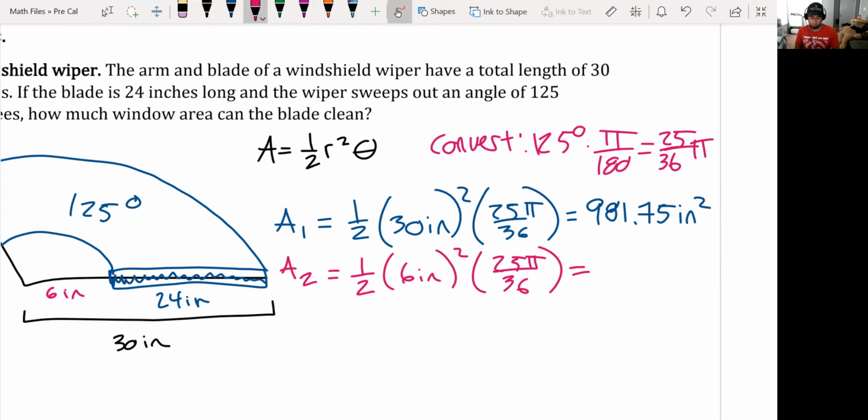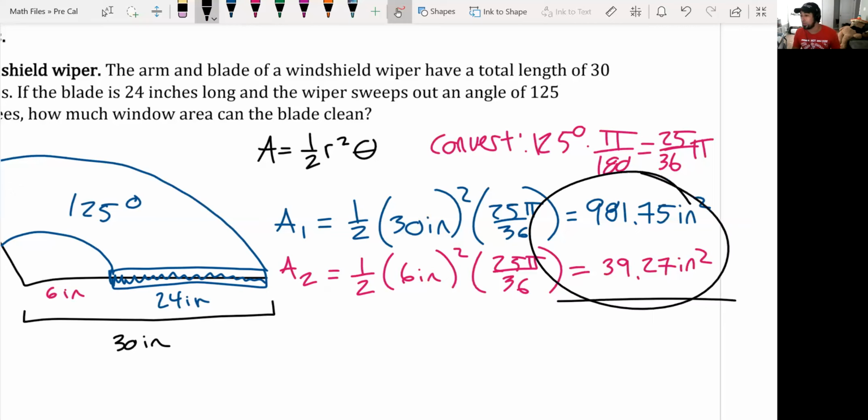.5 times 6 squared, 25 pi over 36, and I get 39.27 square inches. Now, to find the area that the 24-inch blade cleans, all you have to do is subtract these two numbers. That's it.